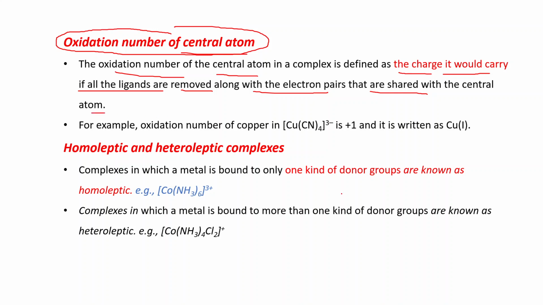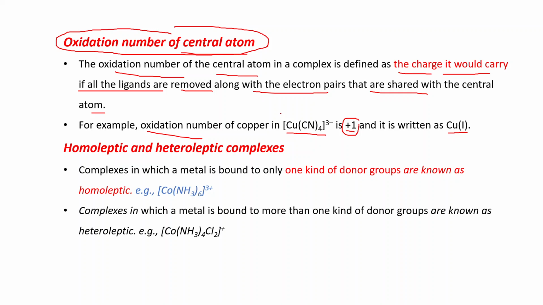For example, the oxidation number of copper in this is +1, and it is written as Cu(I). How did this oxidation number +1 come? If you remember, if we have any complex ion, then the sum of the oxidation numbers of all the species is equal to the charge on that complex ion.